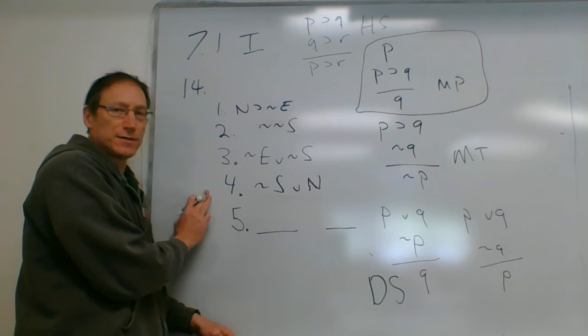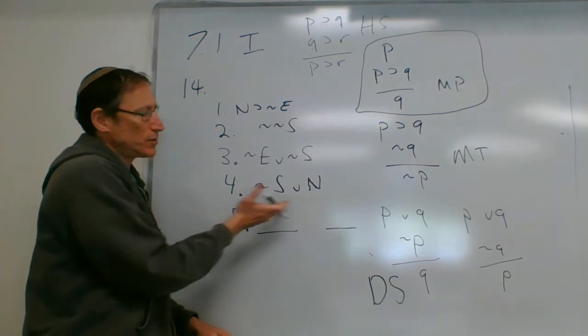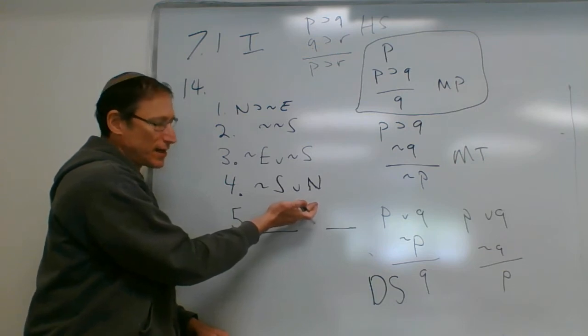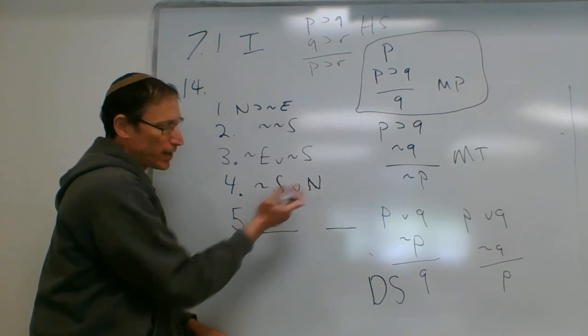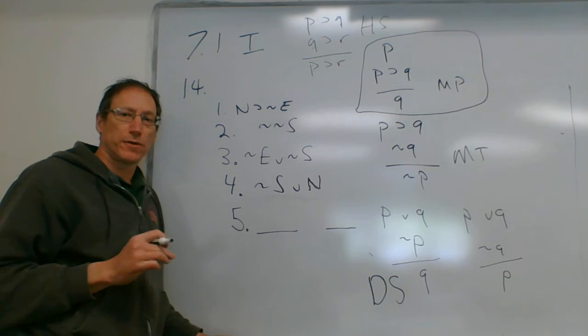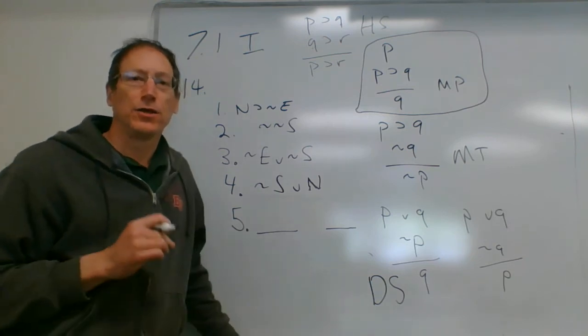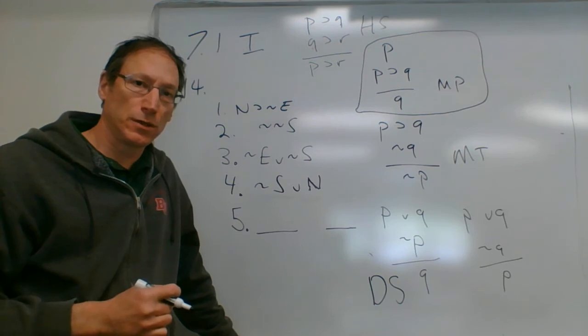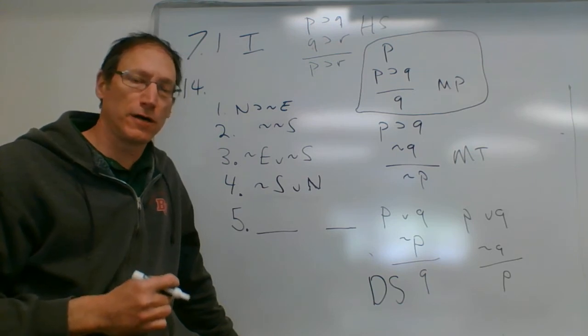All 4 says is not S wedge N. You don't even know if N is true, right? If you were just given this statement, you don't have N. You have not S or N. So it's a very important thing to bear in mind that you cannot do an inference rule on part of a formula.